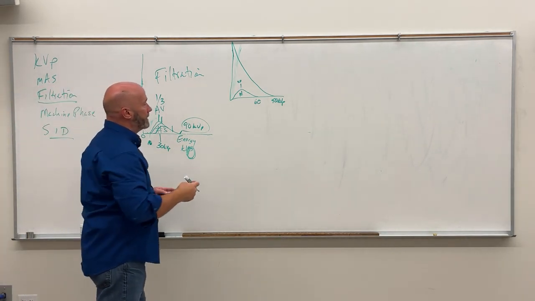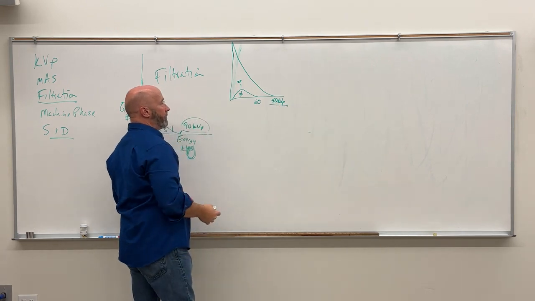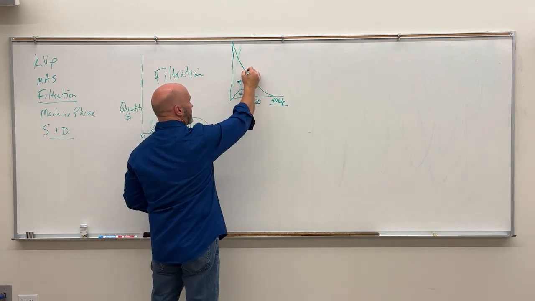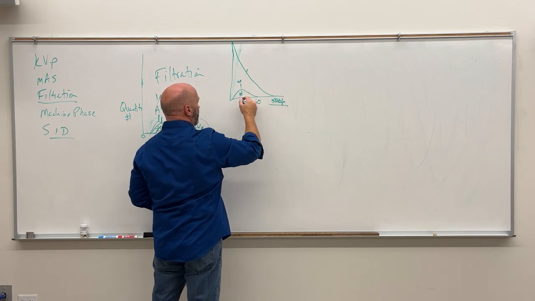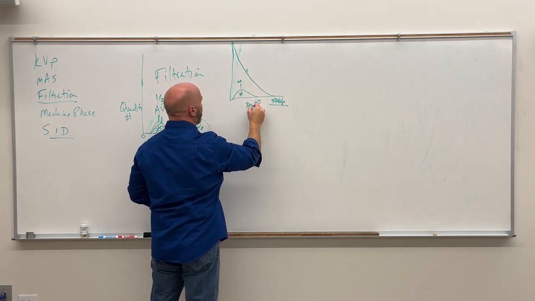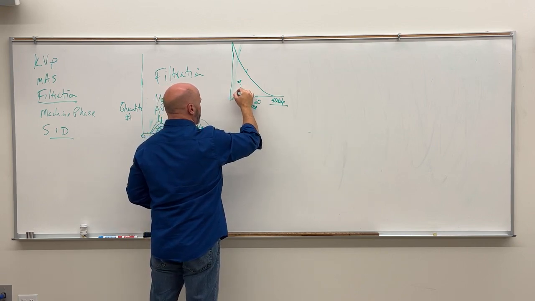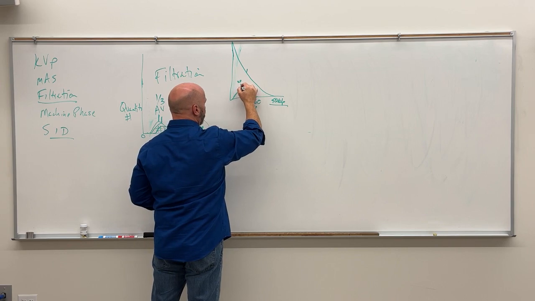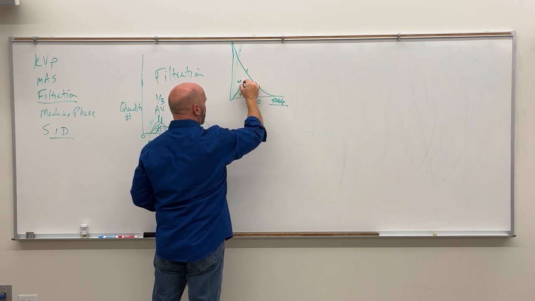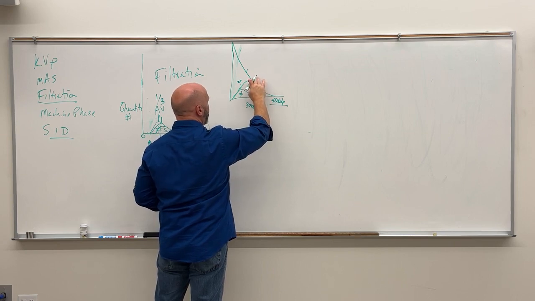But as we increase to 90 KVP, what's going to happen with our average? It's going to increase, right? So our average now is going to be around 30 KVP. Same levels of filtration, so the effects of filtration at the low energy are going to be about the same, but look what happened.